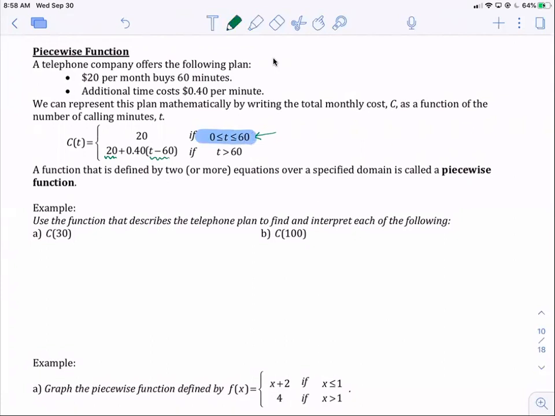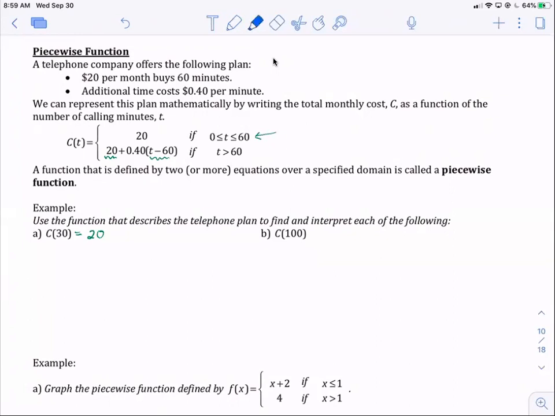So if we plug this in, we just get 20. There's no variable to plug into, it's just 20, which should make sense in terms of the situation, okay? If you only talk on the phone for 30 minutes, that's less than the 60 minutes, which means you're just paying $20.